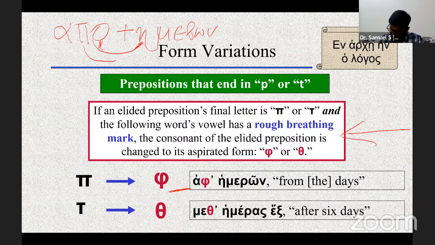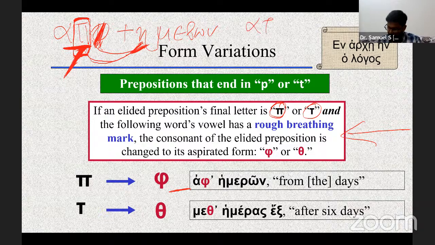But the preposition's final letter, sorry, once the vowel drops out, the final letter here is a pi. The pi sound now has to be sounded together with the hemeron. So let's say you're just saying ap hemeron, ap hemeron, right? I think there's a sound difficulty there.